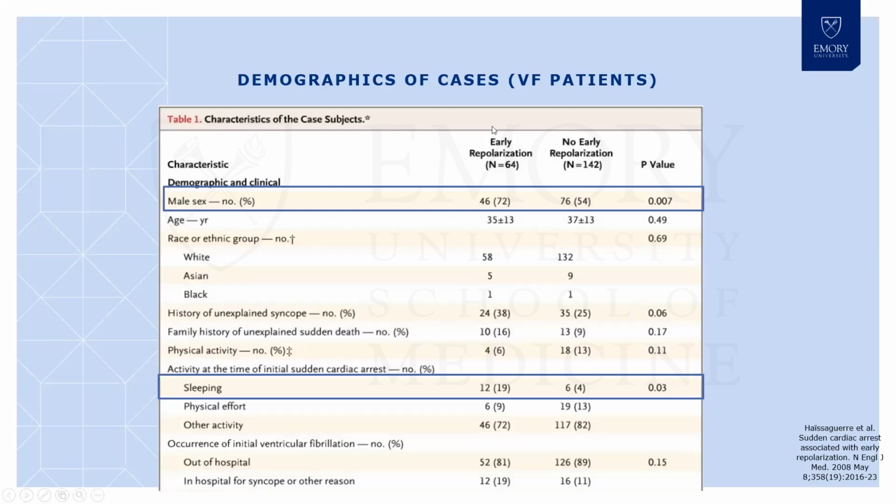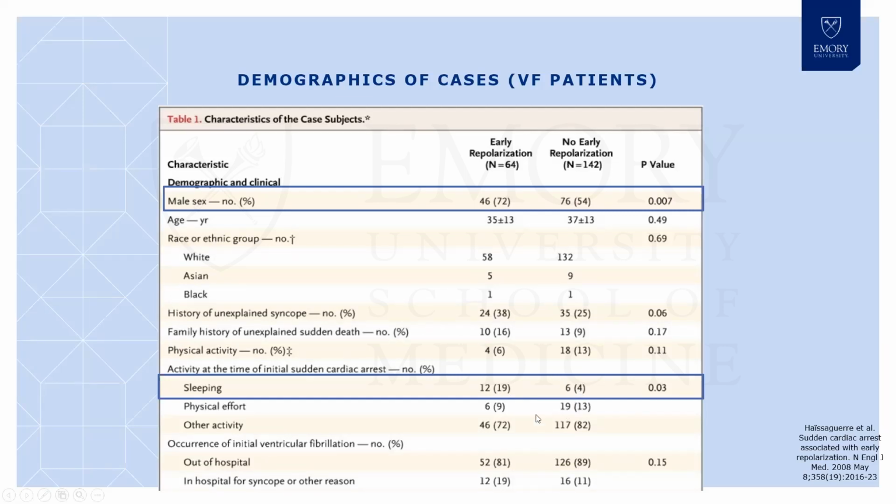The demographics of cases, meaning VFib patients with and without early repolarization, were very similar. Patients with early repolarization were more likely to be male on average, 72% versus 54%, and they were slightly more likely to have sudden cardiac arrest while sleeping compared to those without early repolarization.